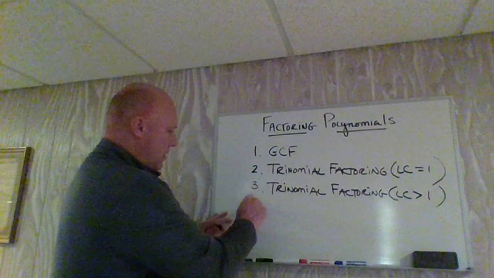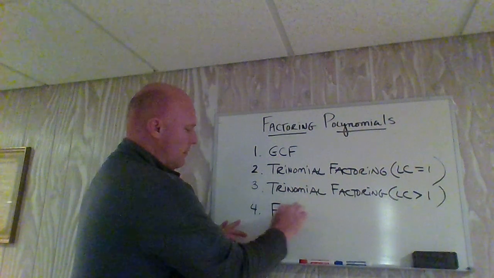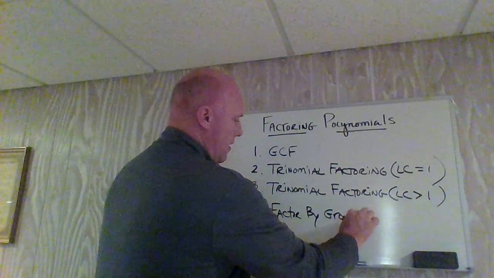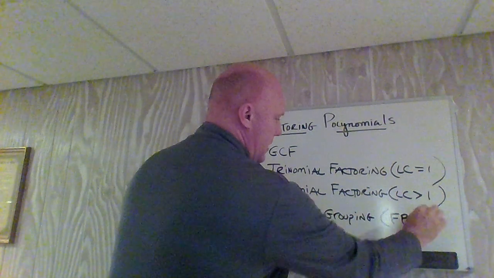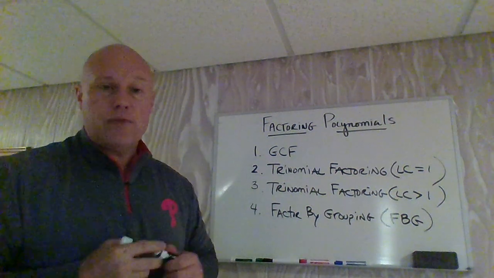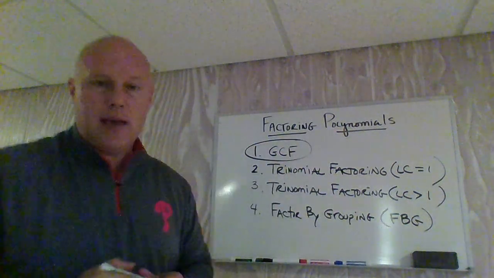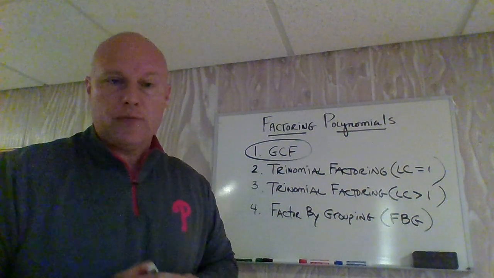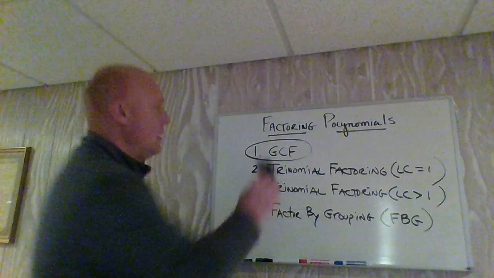The fourth type will be what I call factor by grouping, and I like to use the FBG acronym. In today's video, we're just going to be focused on taking out the greatest common factor. Let's jump into some example problems.